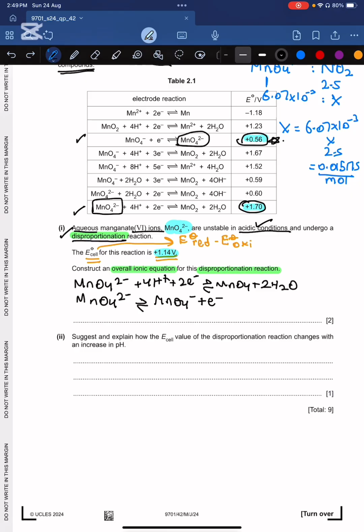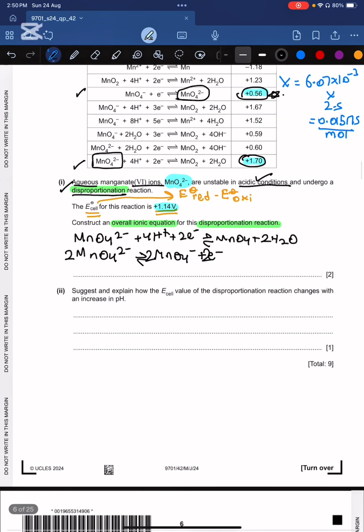What we have to do now is we need to balance both these equations. The way we balance it, we look at the number of electrons. Two electrons here and one electron here, which means that we multiply this equation by 2. Now what we do is we cancel the electrons. There are two electrons on the left side and two electrons on the right side, so they get cancelled.